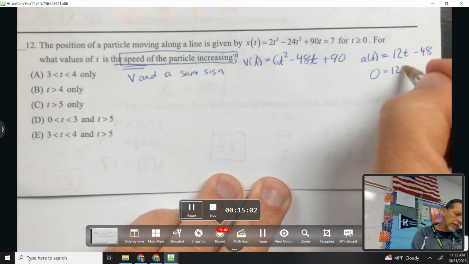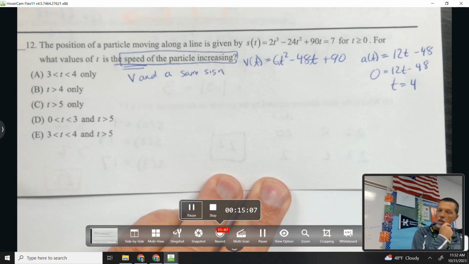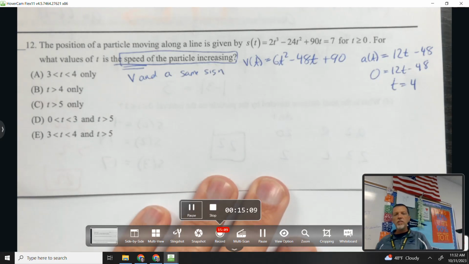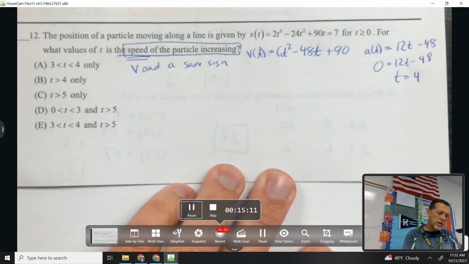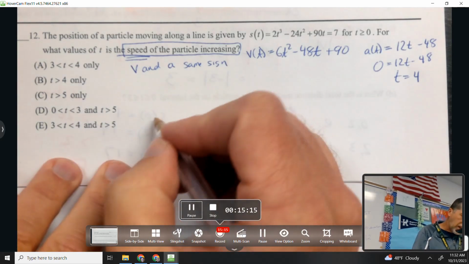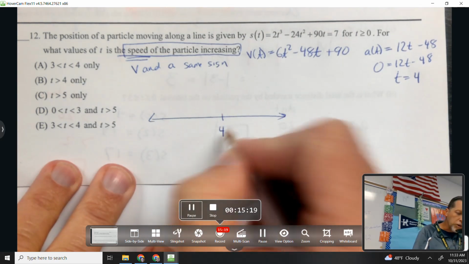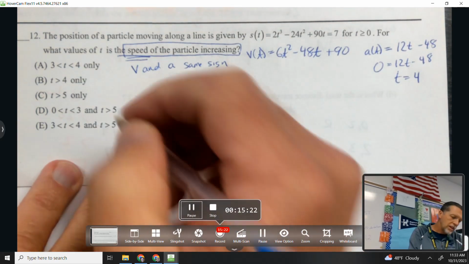I'm going to kind of bail out and do the easy one first. So the acceleration is 0 at time 4. So I can use that to set up my acceleration. I feel like I'm going out of order doing this, so I don't know if this is good or not. My acceleration number line.